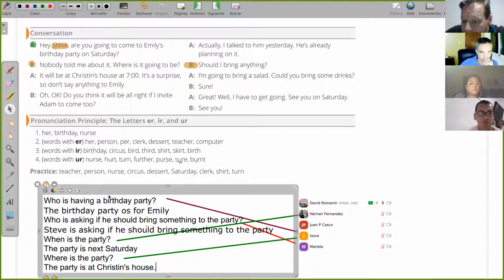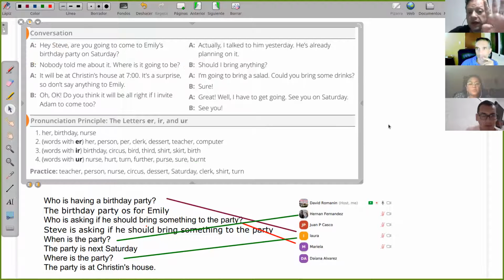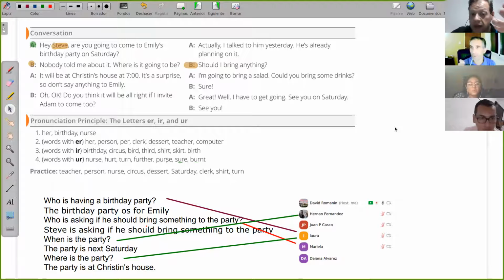So let's find out. Diana, welcome. Okay. I give you a short brief of what we are doing here. We are talking about the future, okay? And we say that there are two ways to talk about the future. The verb, we say, I will do something, or I am going to do something, okay? So we read this dialogue, and I invite you, all of you, to find out where we can find some indicators that we are talking about the future tense.